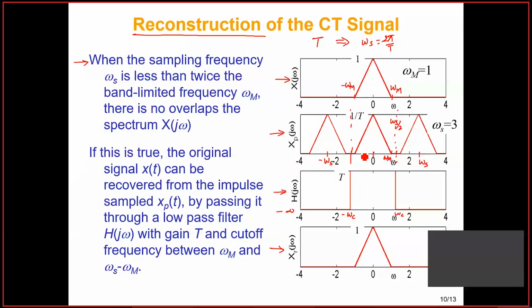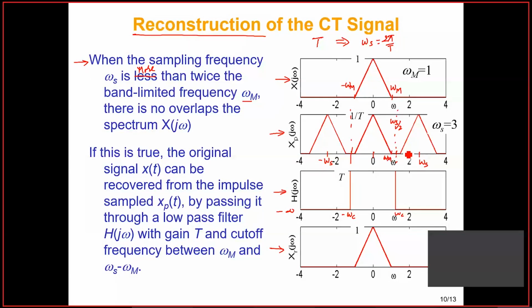If the sampling frequency selected is more than twice the band limited frequency omega m, then there will be no overlap. Half of omega s is greater than omega m.